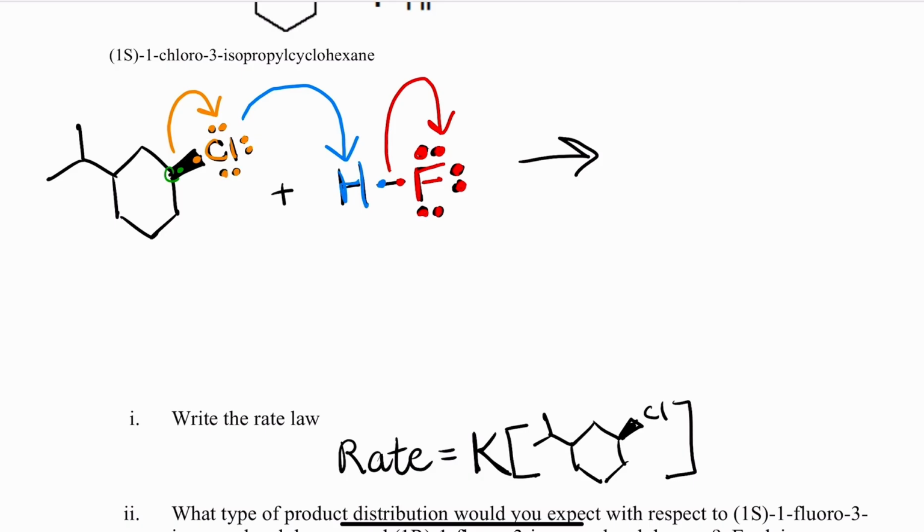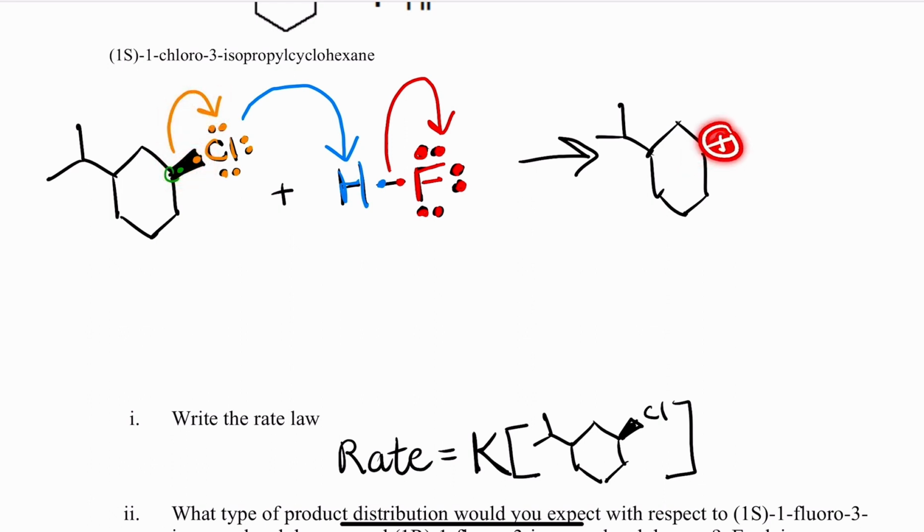Well, first of all, what happened to the main molecule, the substrate? This went away. So what did that do? It left an opening, it left the carbon right here with 1 less electron. Its electron was stolen. When that leaving group left, it took those electrons.